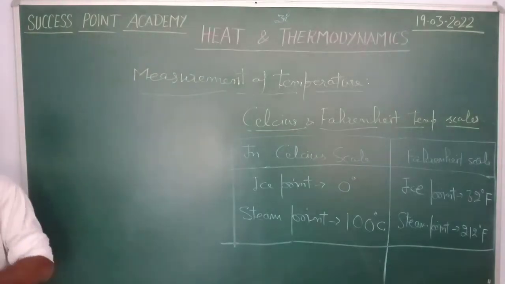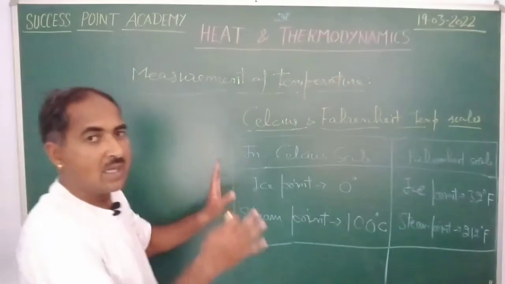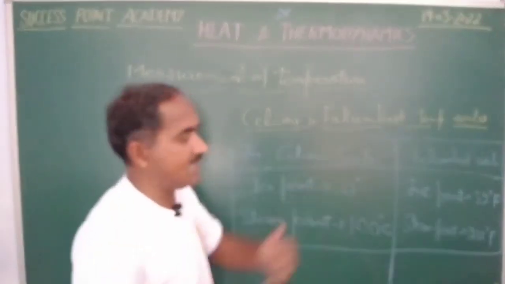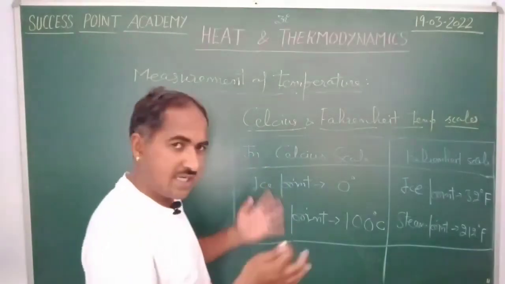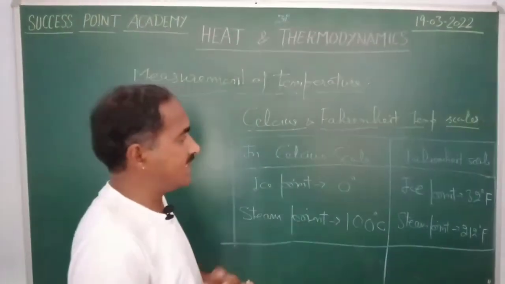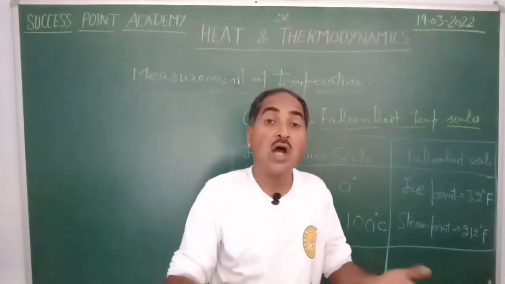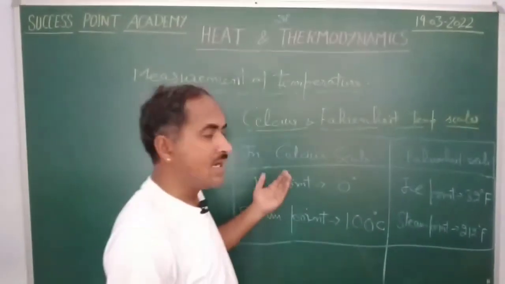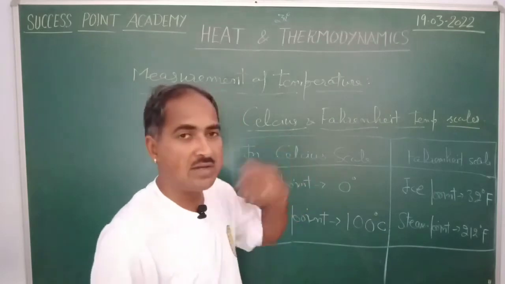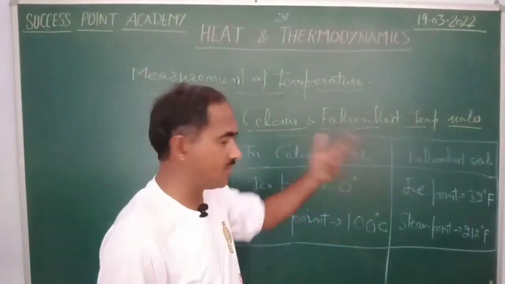Okay. Now what does it tell us? How are they related? Is there some relation between the Celsius and Fahrenheit scales? If we are given values in Celsius, how can we find them in Fahrenheit or vice versa?